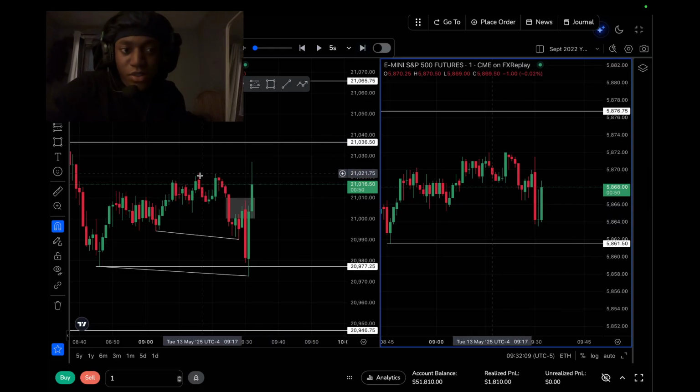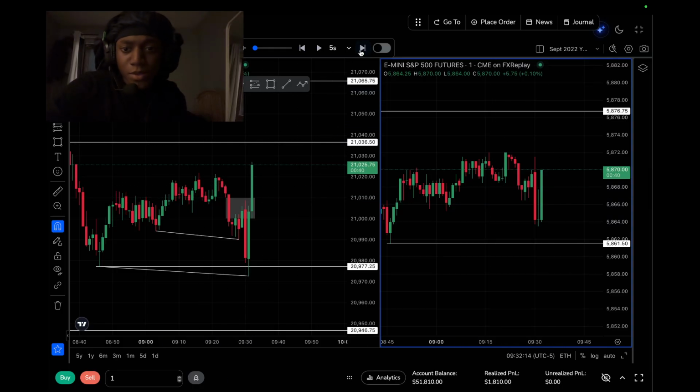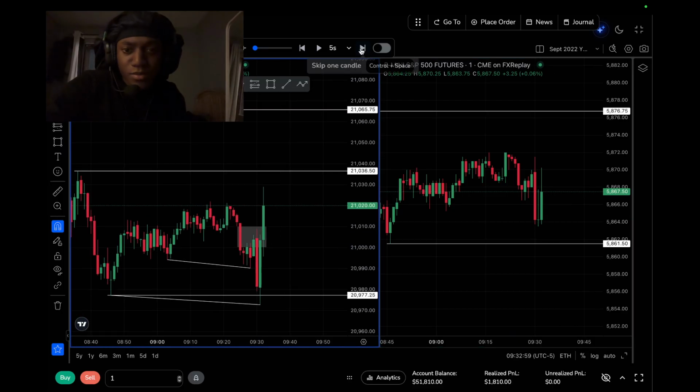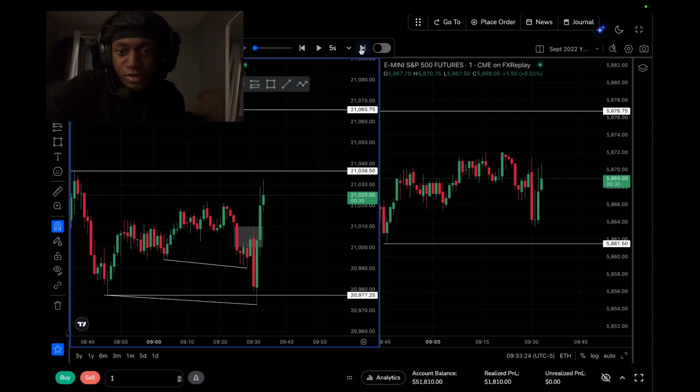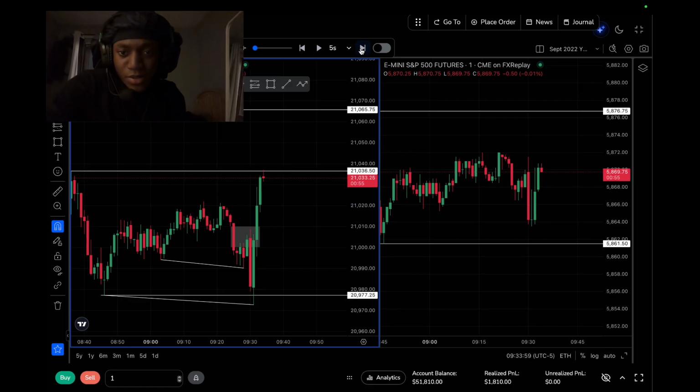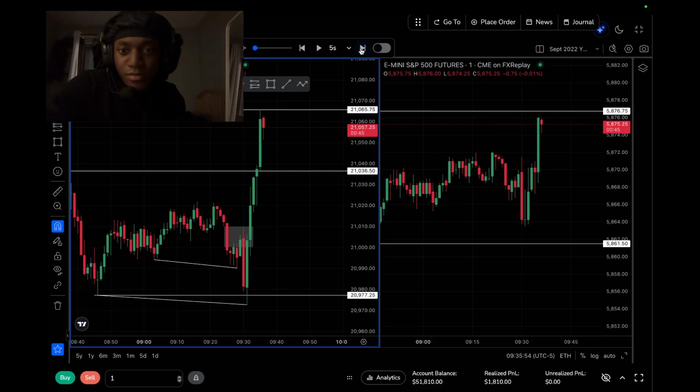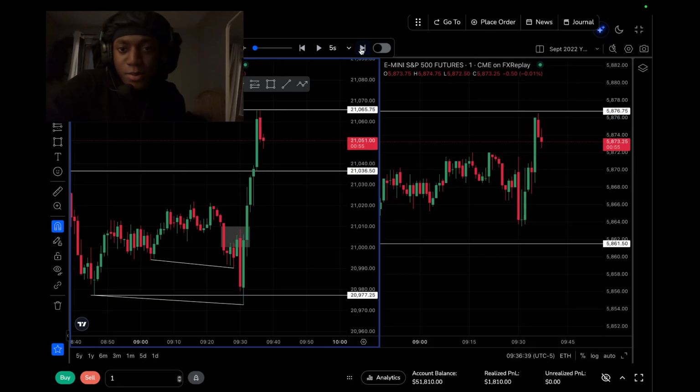However, we put in another SMT here, so I'm not going to be too eager to enter just because of that. Though it looks like price might trade higher here, I'd like to see a rebalance of some sort before I take anything. Doesn't look like we will get one.